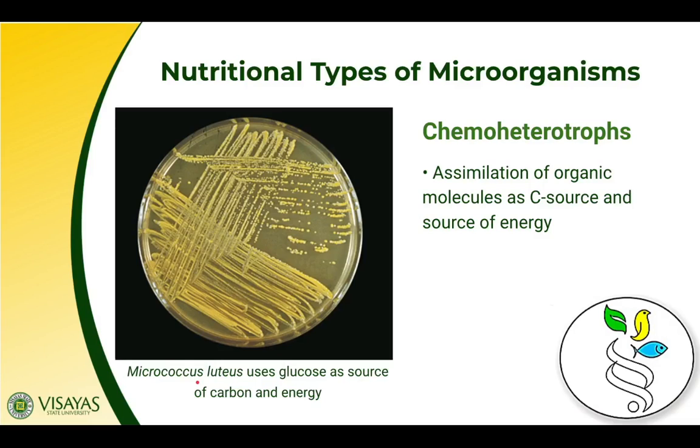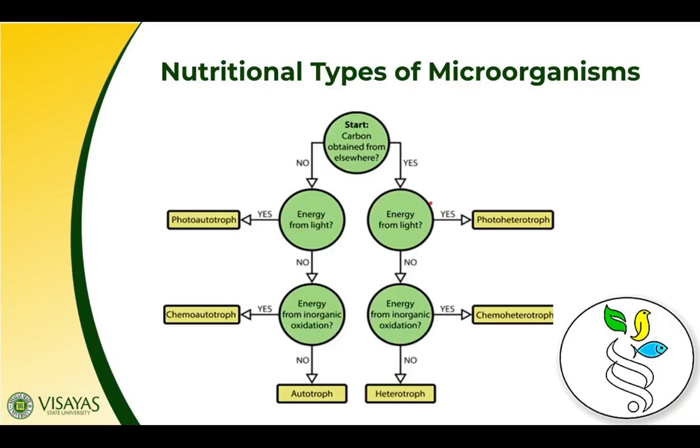So how do we remember these different classifications? There are generally four nutritional types of microorganisms: photoautotroph, chemoautotroph, photoheterotroph, and chemoheterotroph. Their names are actually based on the source of energy and their source of carbon.